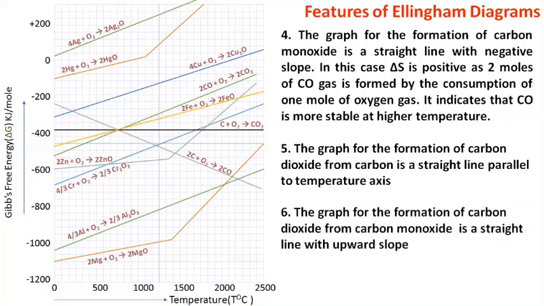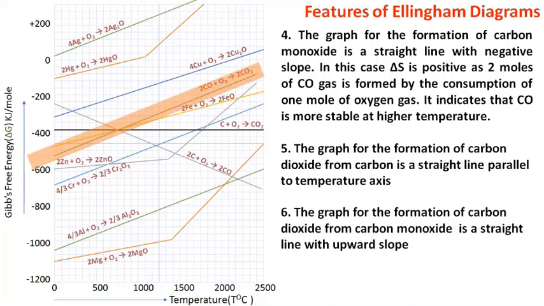Then the graph for the formation of carbon dioxide from carbon monoxide. You can see there is a graph showing the formation of carbon dioxide from carbon monoxide. Here, the carbon dioxide formed from carbon monoxide is a straight line with upward slope. Why?